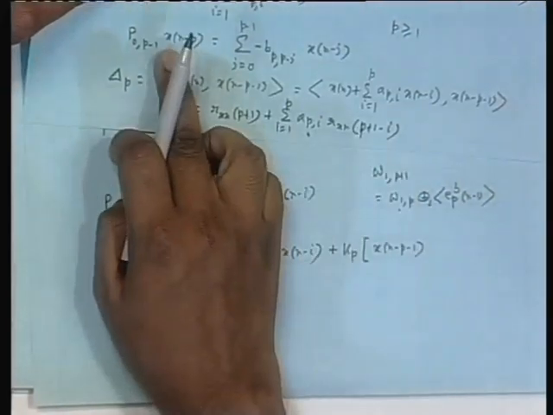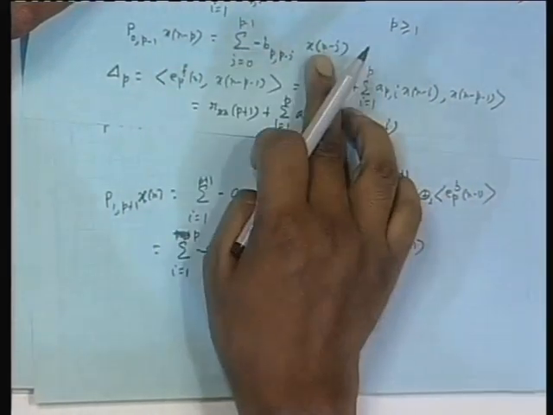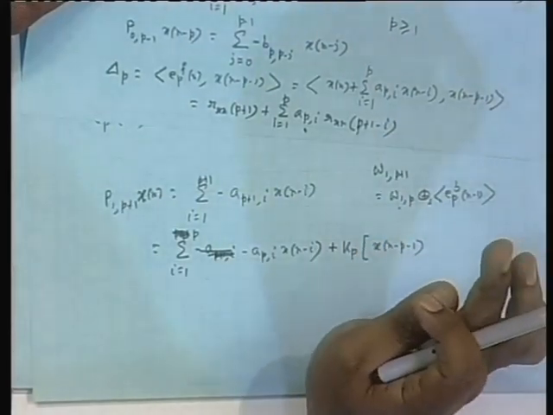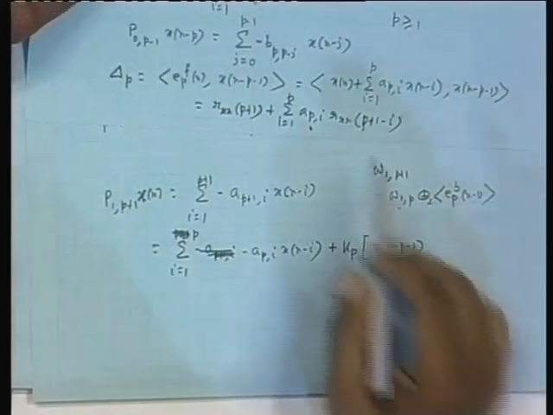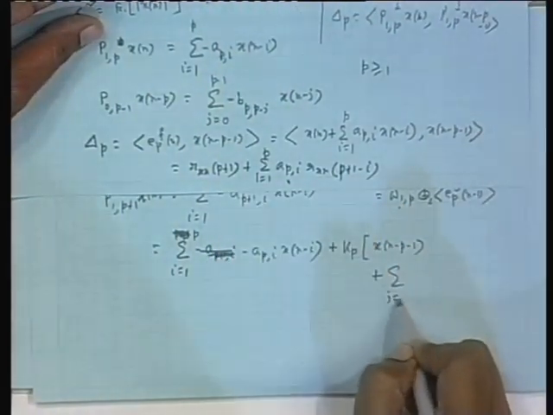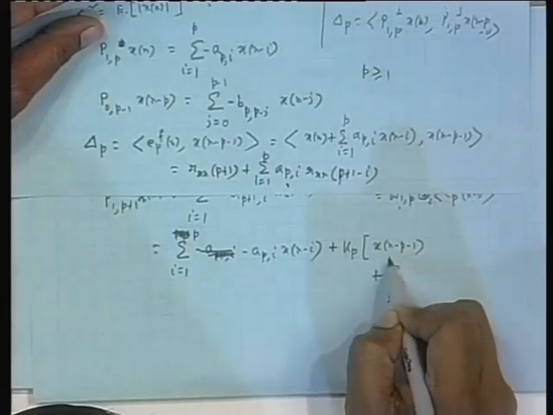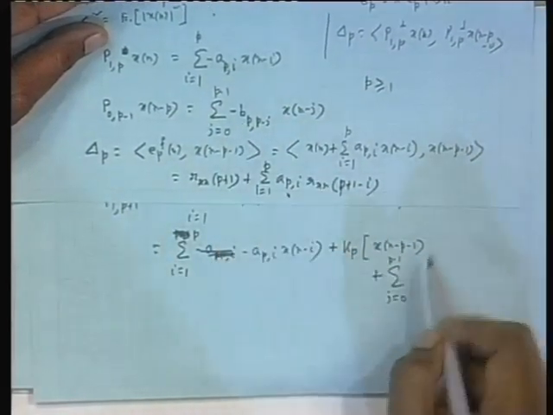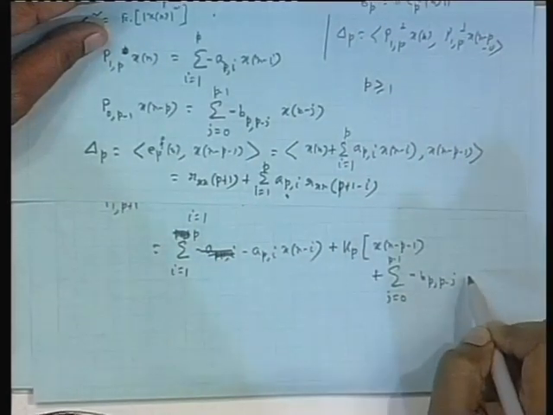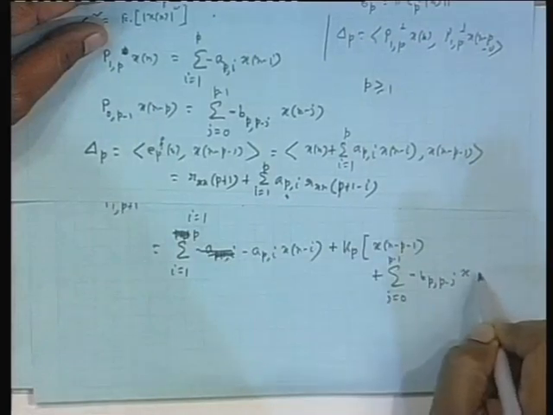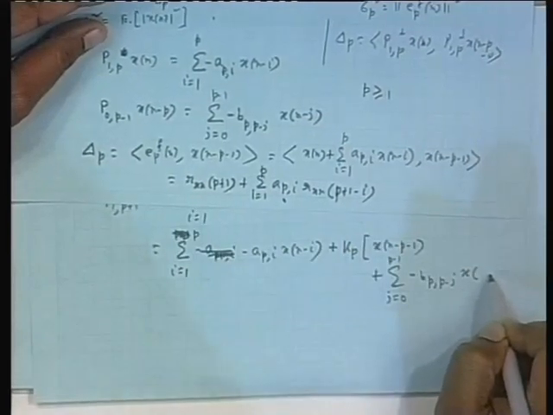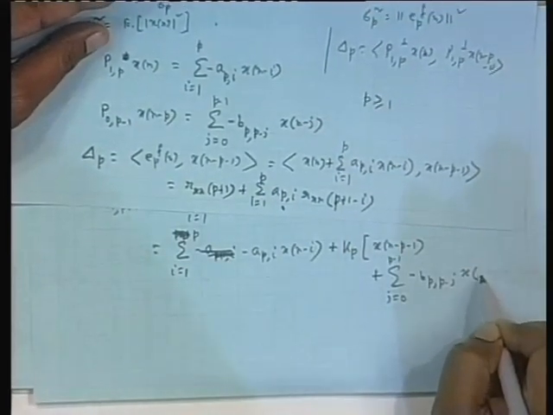Same as this, only thing n replaced by n prime. So, I will have the same thing, n replaced by n prime. Okay. Same thing I am replacing this summation, this minus will come, x n prime minus j, is it n prime minus n prime is n minus 1.